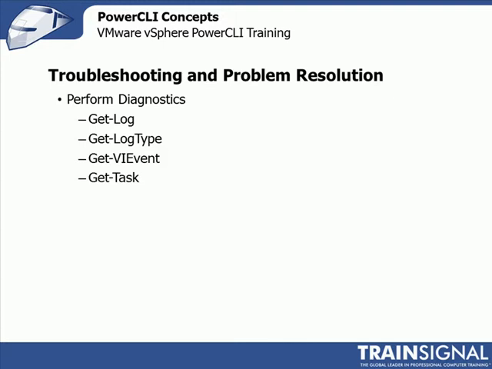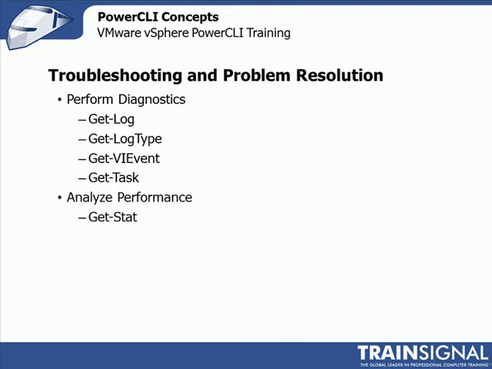Get log type is used for working with that as well. Get VI event and get task are used to get information about changes that have happened within your vCenter environment. So everything, for example, that you see at the bottom of your vSphere client whenever you power on a virtual machine or create a snapshot, with a time and date and a username, appears under get task.